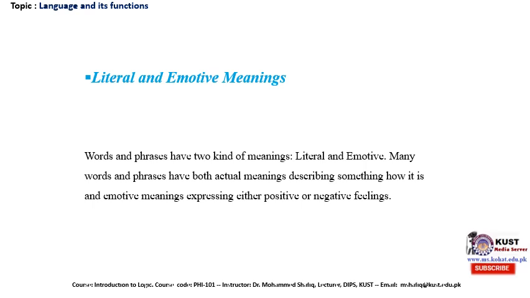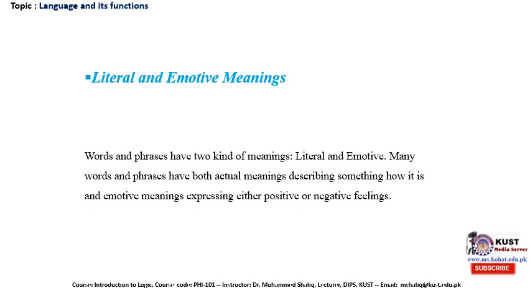Sometimes words and phrases have different literal meanings than the meanings which are conveyed in a given situation. Words and phrases have two kinds of meanings, literal and emotive. Many words and phrases have both actual meaning, describing something how it is, and emotive meanings, expressing either positive or negative feelings.